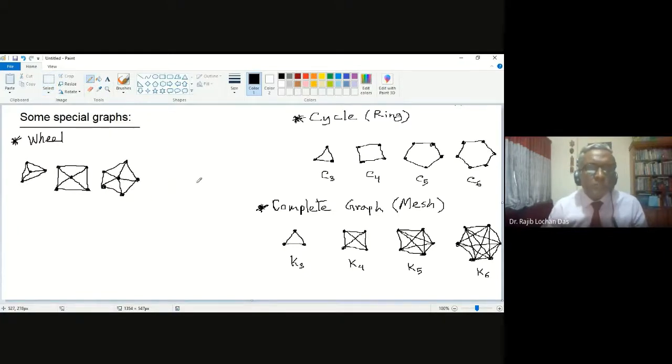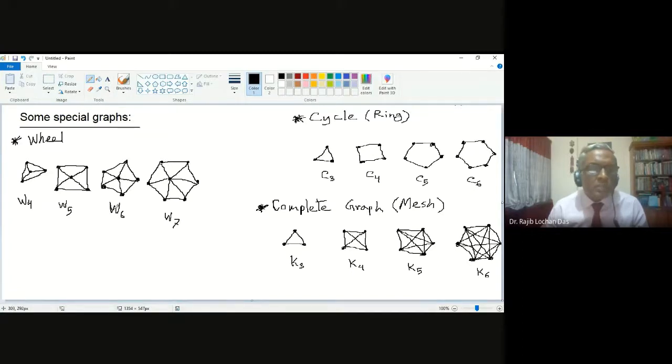Those boundary points are connected like a cycle, and from the middle point all the boundary points are connected. So you can call this W4, W5, W6 and W7. It is called wheel.